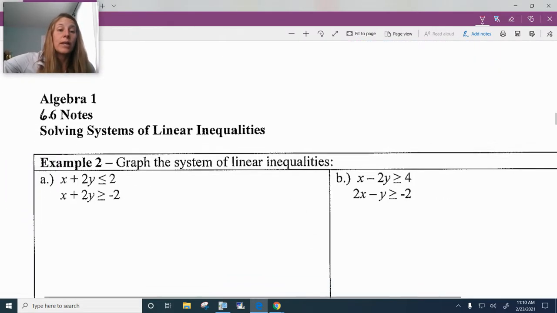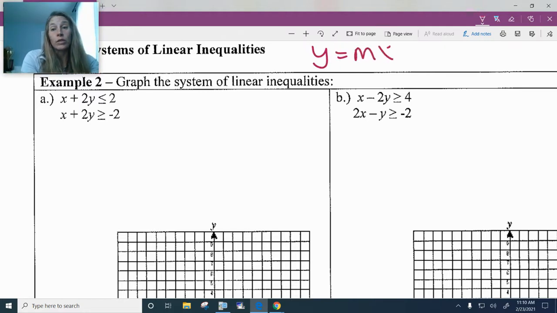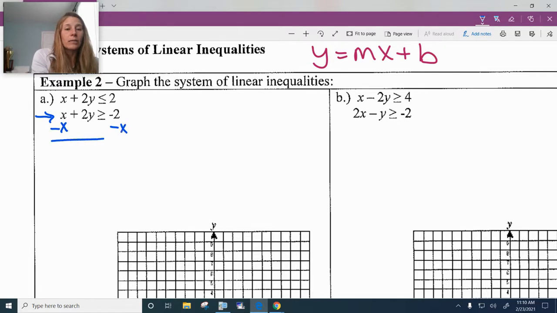Okay, so we're going to continue on with this. The only trick here is that now these were not given to us in slope-intercept form. So we're going to have to do that extra step first. So I'm going to look at this inequality here first. I want to get my y by itself, so I'm going to subtract my x.